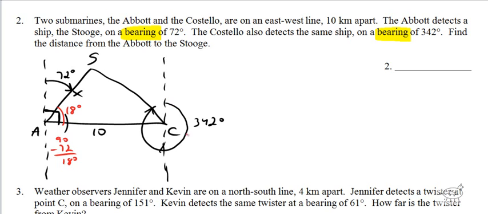And do you guys agree, if this is 342, how do you figure out this angle right here? Well, what a lot of people would say is, Mr. Kerfus, you can say 360 minus 342 and get this angle, and I can subtract it from 90 because this is a right angle here. I'm like, yeah, you can do that. And there's nothing wrong with it.